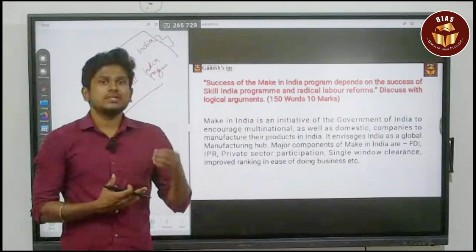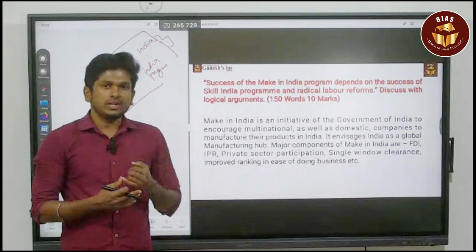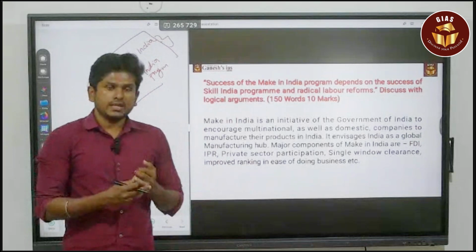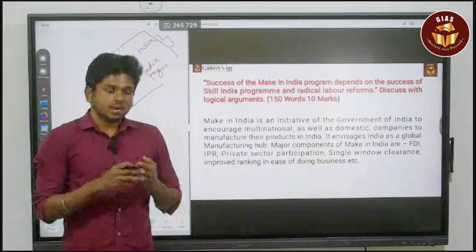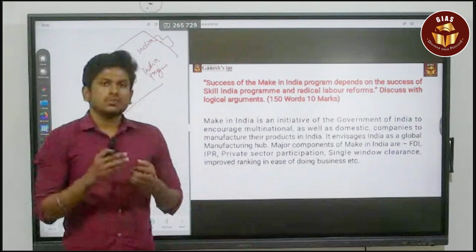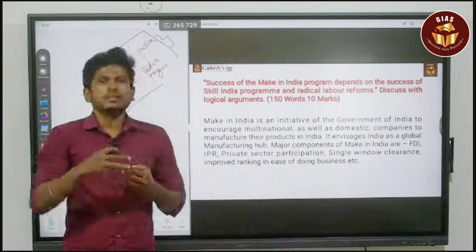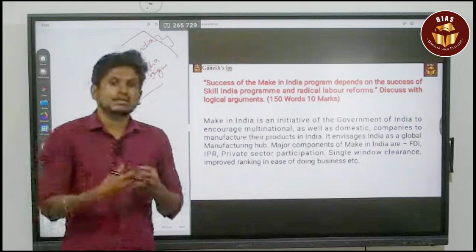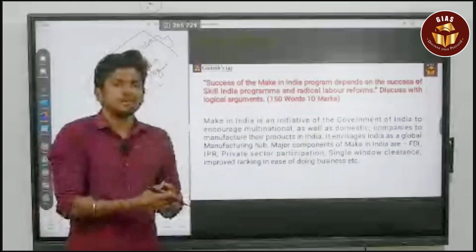They need specific skills related to welding, doing lathe work, or painting the cars. So we need a specific skill set for that industry, and we need to focus on enhancing that skill among the population of India.